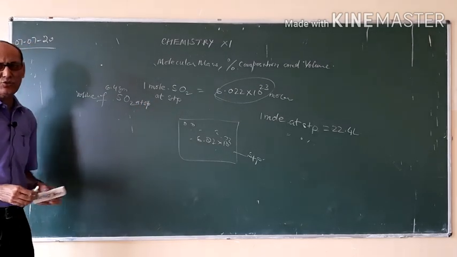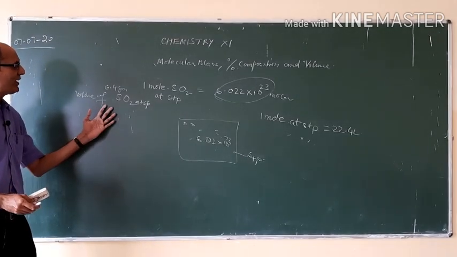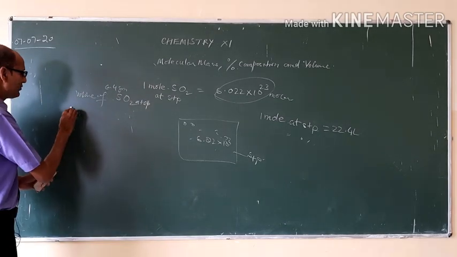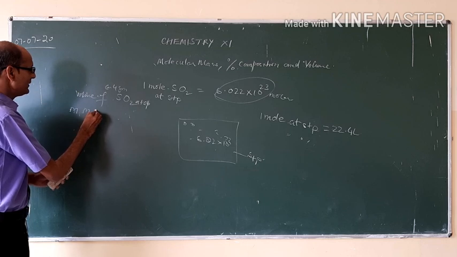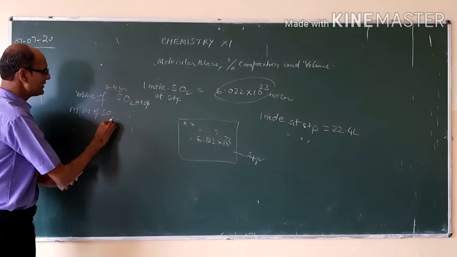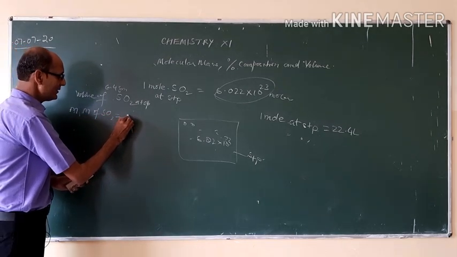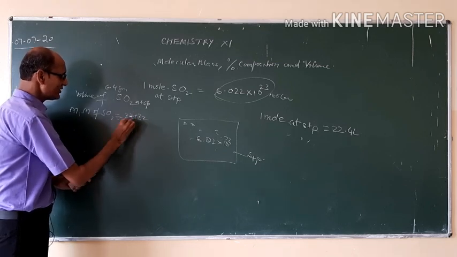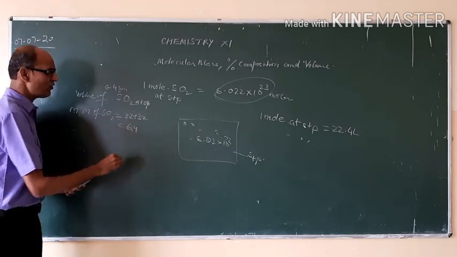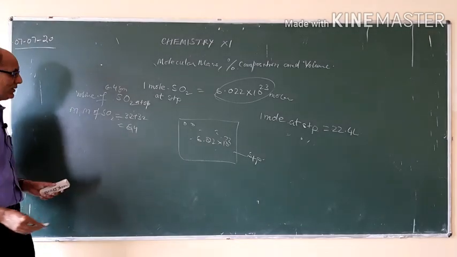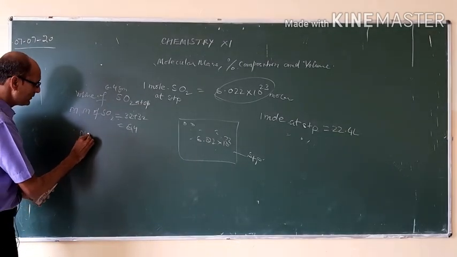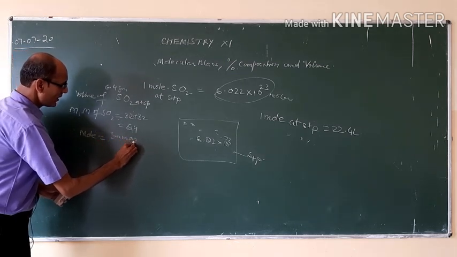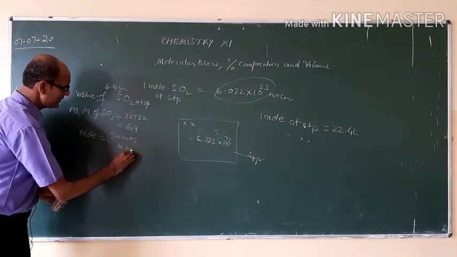So what we have to do? First of all we have to convert into mole. So molecular mass of SO2 is equal to 32 plus 32, that means 16 into 2, that will be 64. Mole is equal to gram mass upon molecular mass.